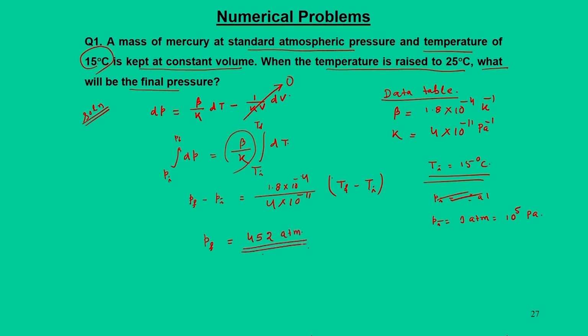So, which means that we require 452 atmosphere to change the temperature by 10 degree centigrade, because 25 minus 15 is 10 degree centigrade, at constant volume.